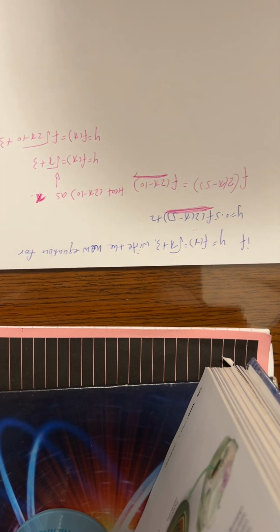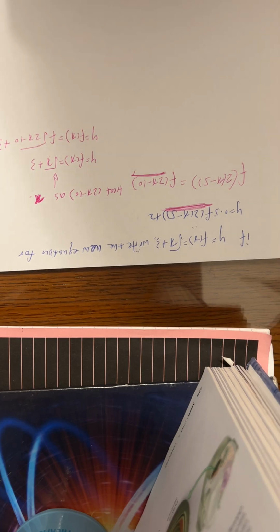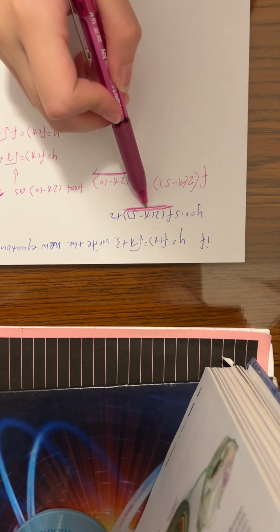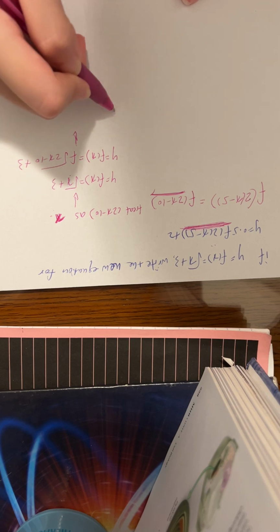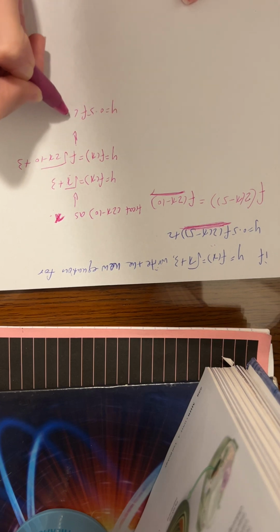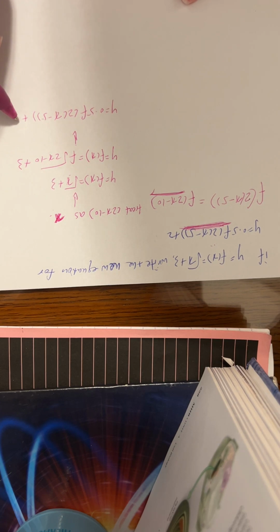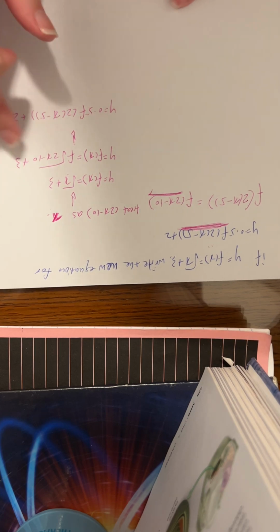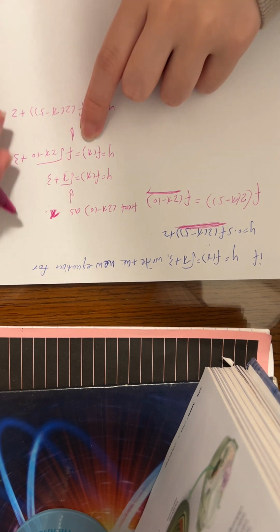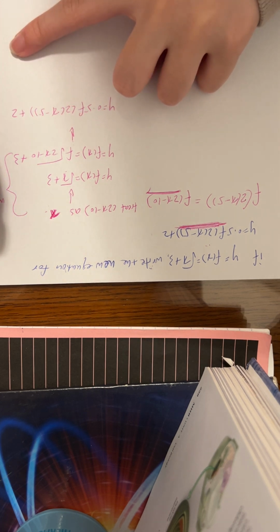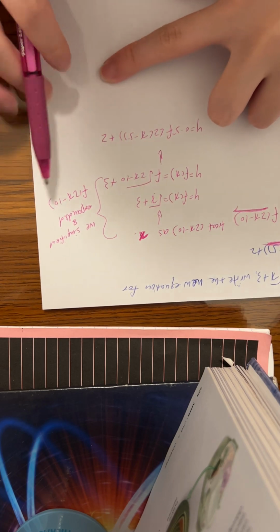Then we plug the entire thing back into the original equation: y equals 0.5 f of 2x minus 5 plus 2. So remember, all of these steps are where we simplified and expanded f of 2x minus 10.